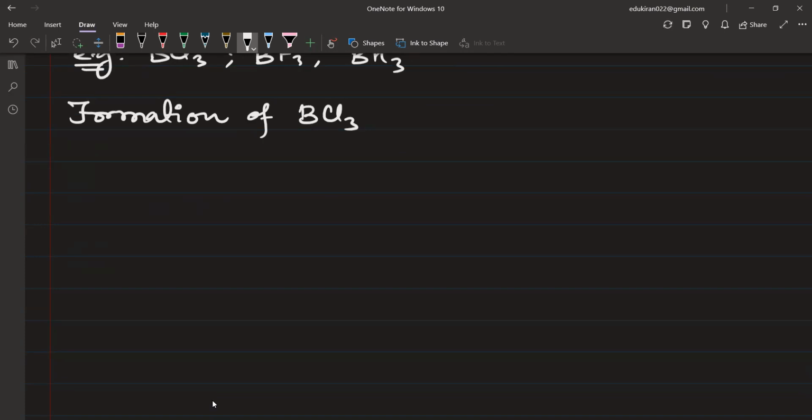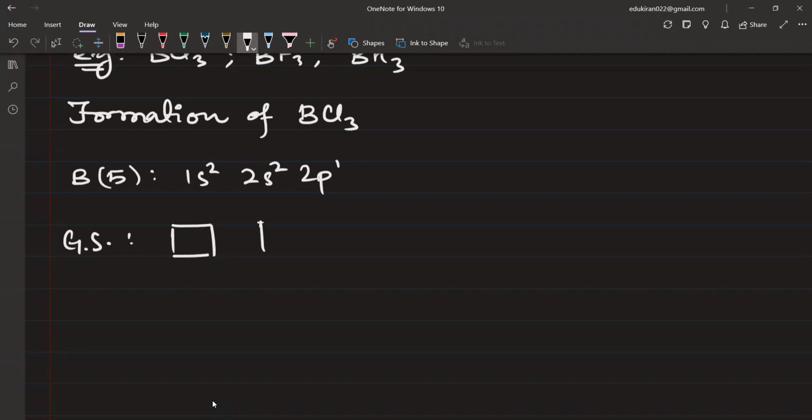Now again, we'll start with the same things. We have the boron. Atomic number is 5. 1s2, 2s2, 2p1. The ground state is going to be 1 electron, 2 electrons, and then 1 electron in the p orbital.